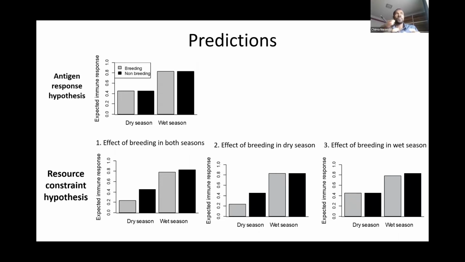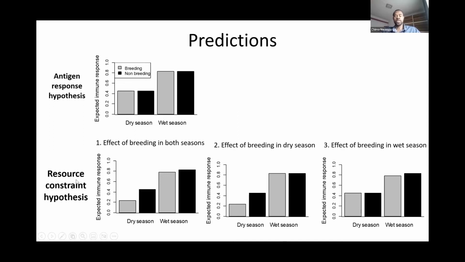If we assume that the wet season, which is highly productive, should have a higher pathogen risk, then we might expect birds to invest a lot in immune function. And so immune function should be high in the wet season and low in the dry season, regardless of whether you are breeding or not.